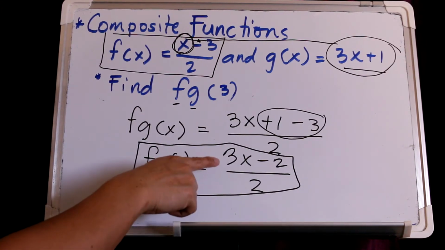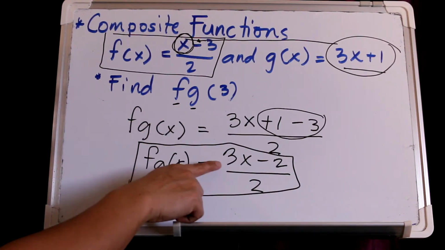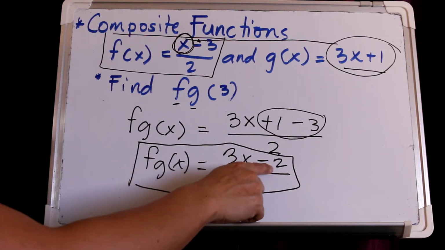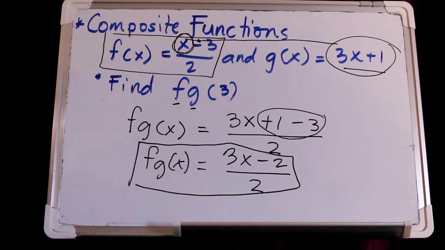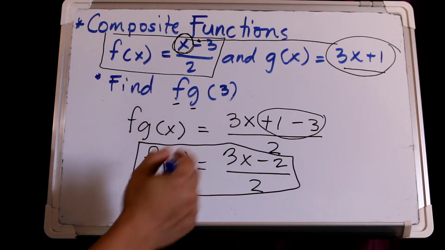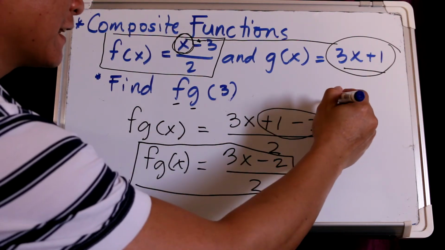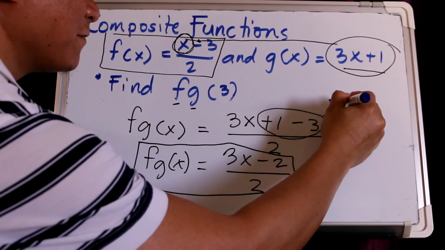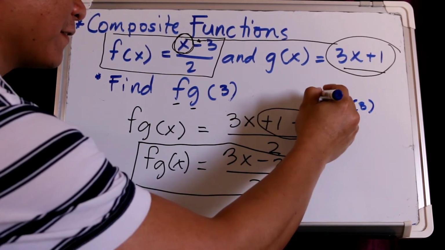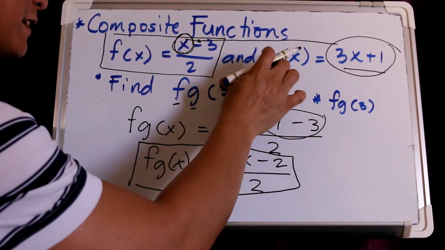That means the composite function of fg is equal to (3x minus 2) divided by 2. So to find fg(3), okay, so better make it x.